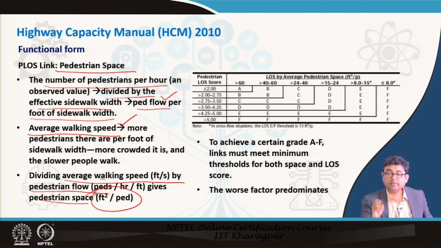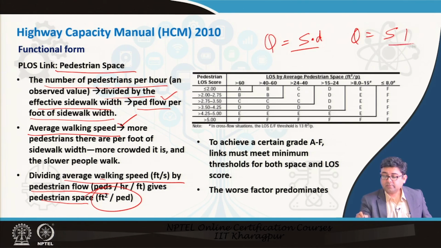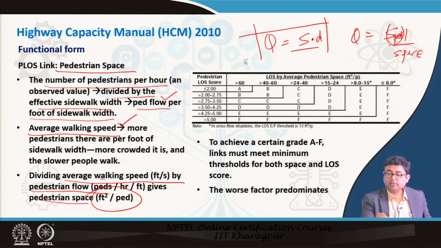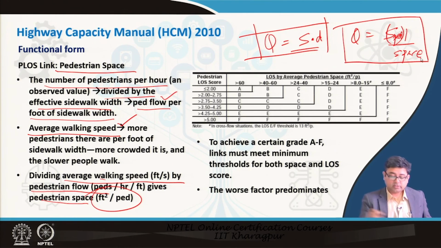Remember, the basic equation is flow equals speed into density, or, since density and space are different, speed by space. So, based on that relationship, you are calculating the pedestrian space.